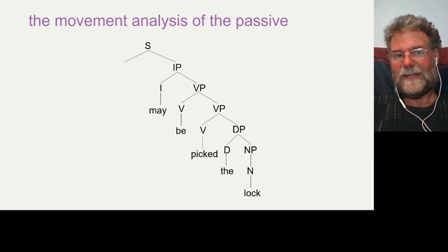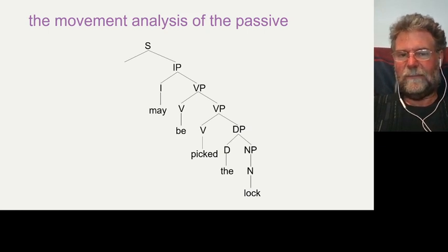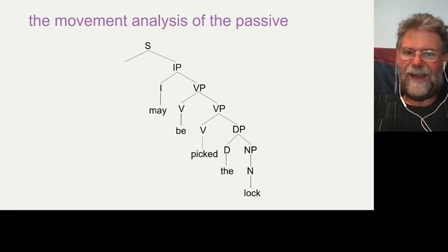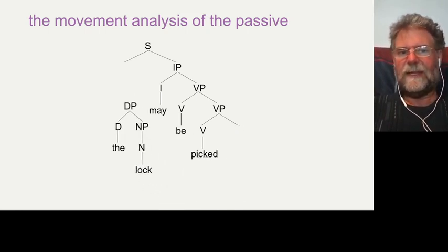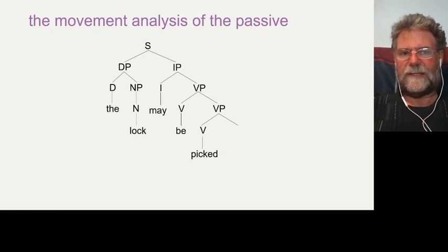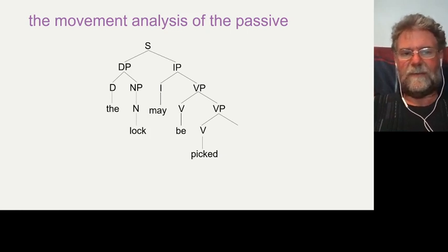Okay, what's missing here is obviously the subject. As we said, in the passive, the subject is not mentioned, but the object is, and that's sitting in the object position. Of course, this isn't how we pronounce this sentence. What we do when we pronounce the sentence is to move the object, again, as a kind of movement process. It takes the object out of the object position and, for whatever reason, moves it into the subject position, and we end up with the passive form, the lock was picked.